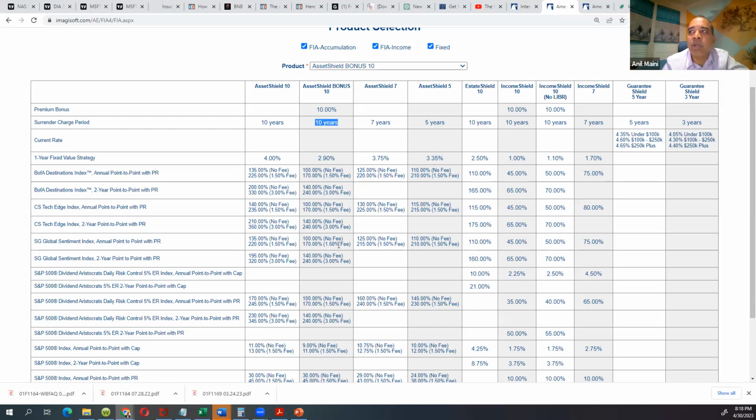We will see that. Your money will grow to the maximum with the 10-year product, and your surrender charges will come down year by year. Initially it will be roughly around 9%, then it will go down to 8%, then 7%, like that. In the last year it will be just 1 or 2%, and then from the 10th year onwards, zero surrender charge.